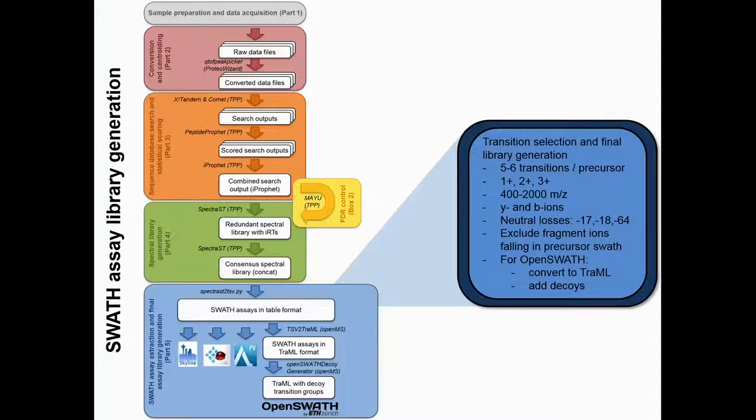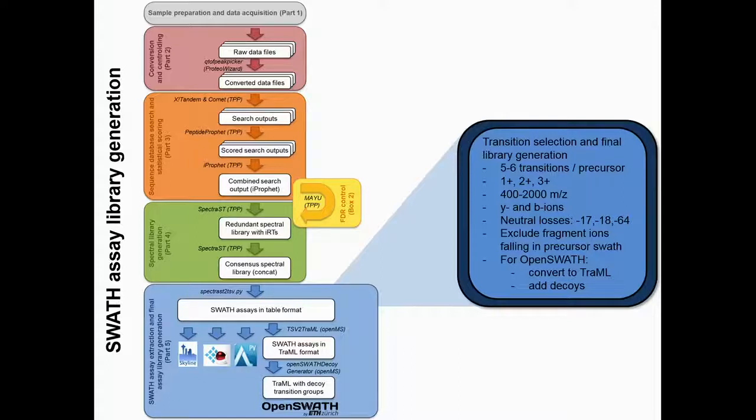We select 1, 2, or 3 charge state fragment ions. We go in this range 400 to 2000, which is related to the mass range of the instrument, but below 400 tends to be rather noisy. We select B and Y ions, assuming we're doing a label-free experiment and not doing what Tina mentioned earlier, where you might have to kick out the B ions if it was a SILAC experiment, for example.